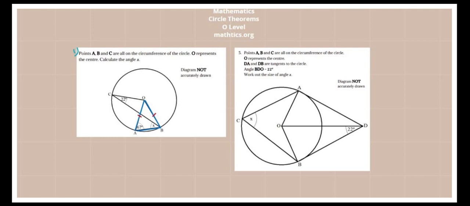These two lines are equal because both of these are radii. So that means if this angle, which is the angle between two sides of this triangle, is 67 degrees, then this much angle should also be 67 degrees.